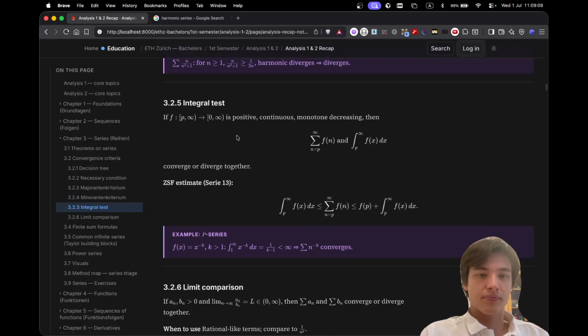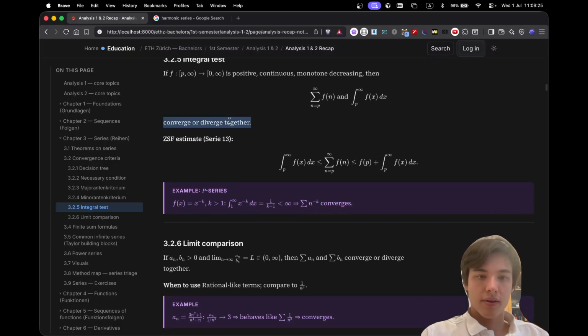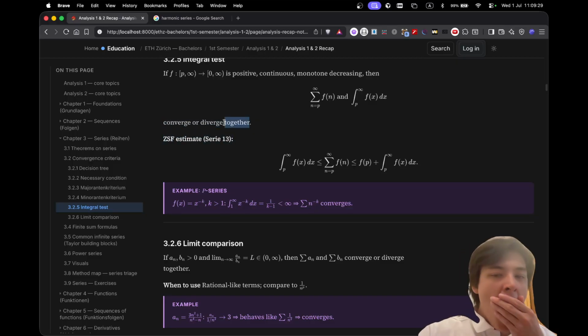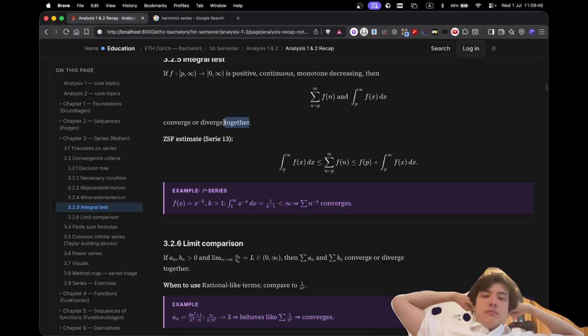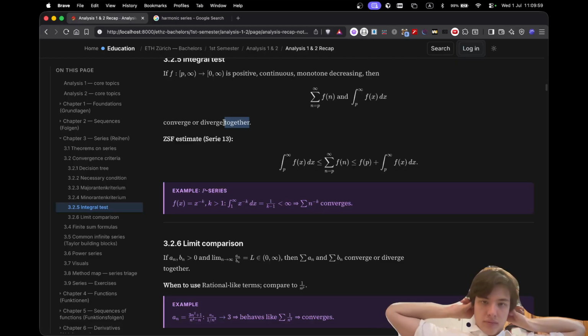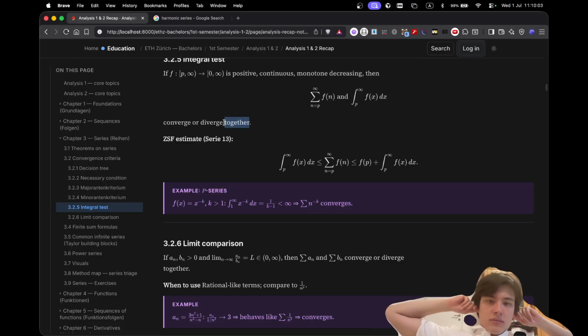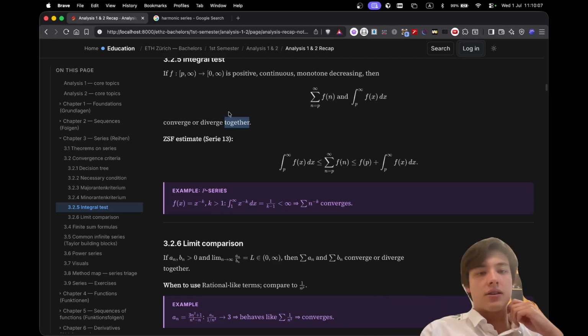Integral test. If it's positive, continuous, monotone decreasing, then we have f(n) and f(x). Let's look at an example.